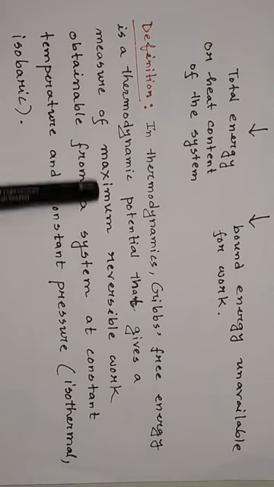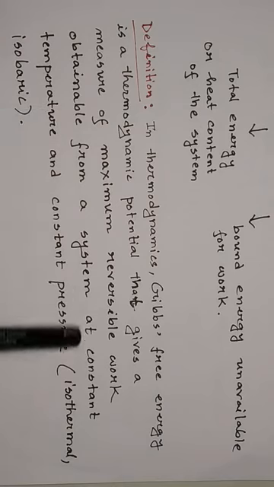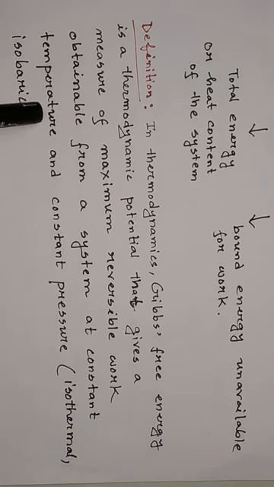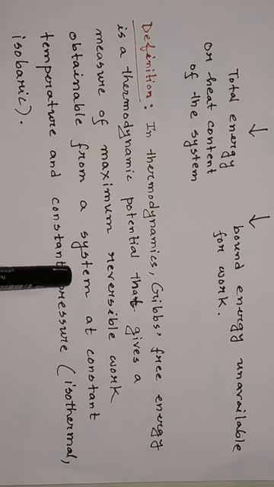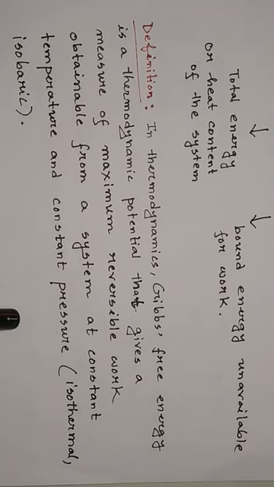So it gives a measure of maximum reversible work obtainable from a system at constant temperature and constant pressure. That is, any process which occurs in the system has to be isothermal and isobaric.